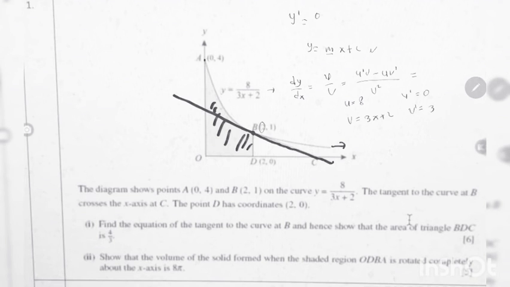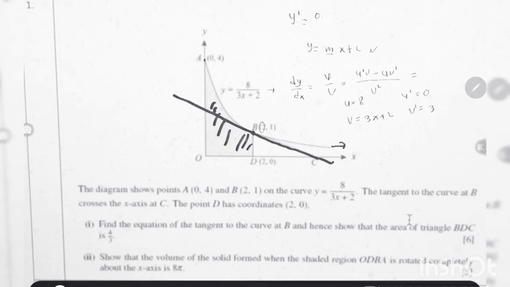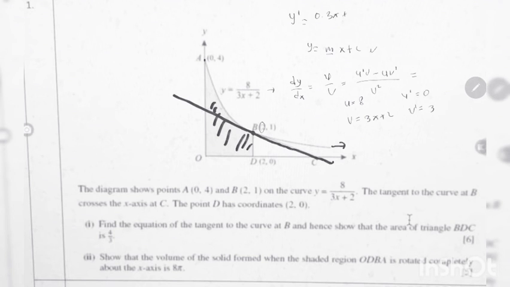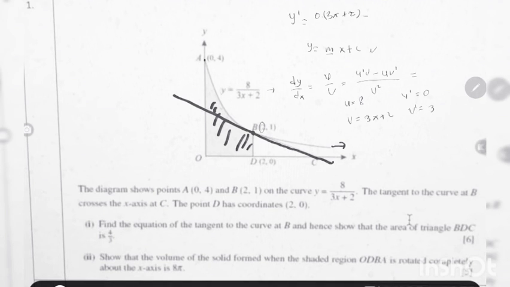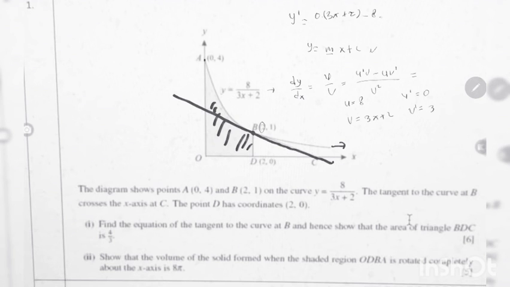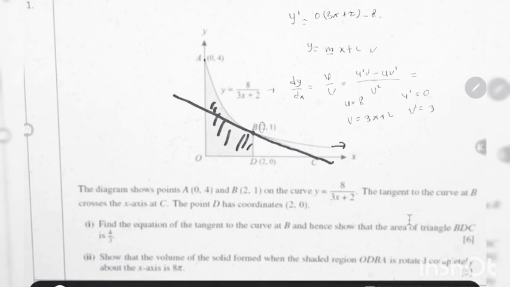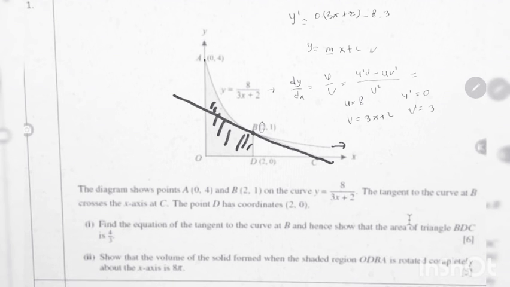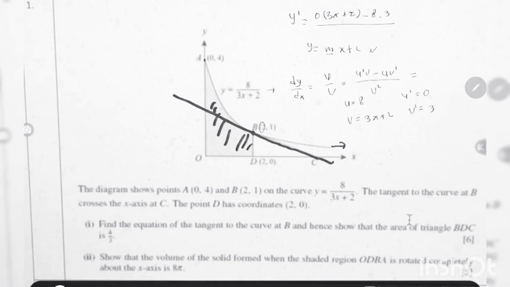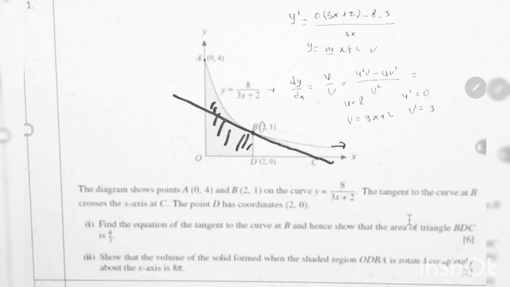So 0 times 3x plus 2, and then you minus u v prime. U v prime means 8 times 3, because v prime is 3, all over v squared. V squared means (3x plus 2) squared.